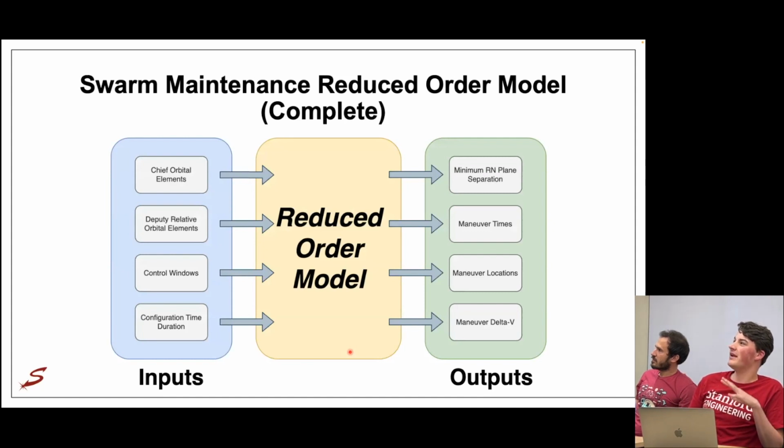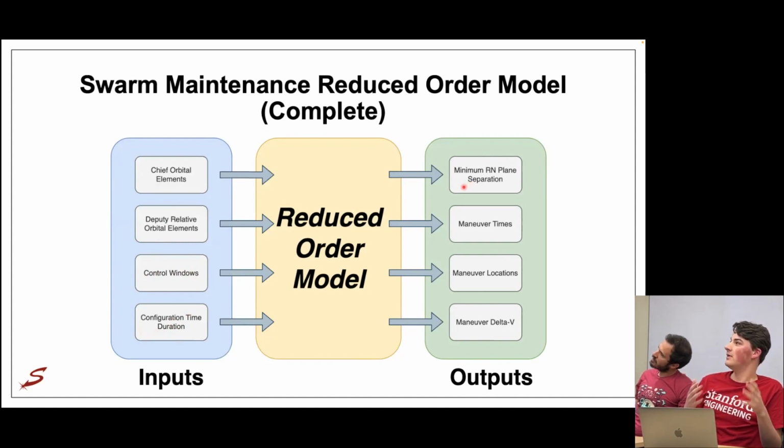There's a swarm maintenance part of the reduced order model, where your inputs are your chief orbital elements, your deputy ROEs, your control window sizes, and the configuration time duration, how long you want to hold those control windows for. You run it through a reduced order model, and you arrive at the following outputs.